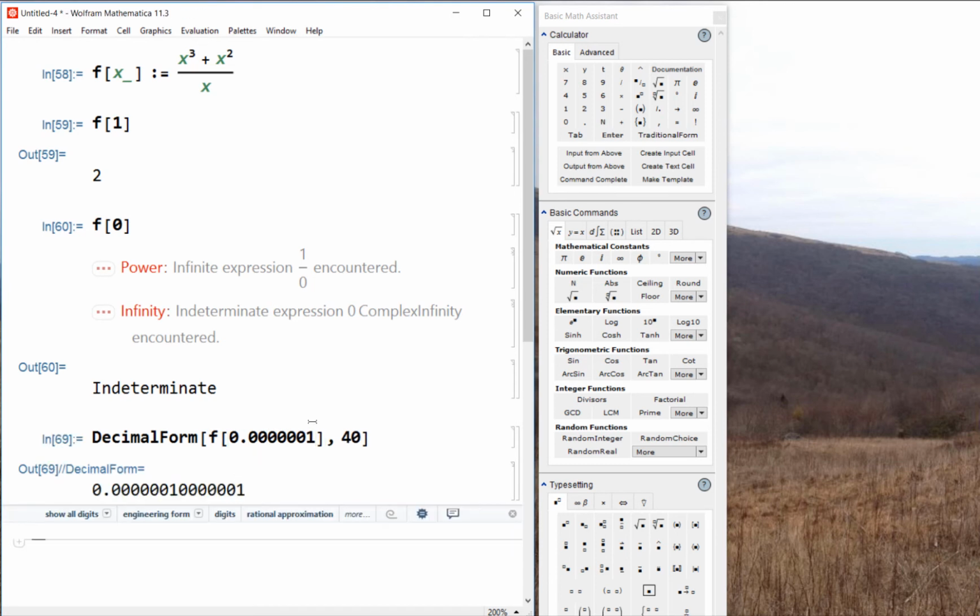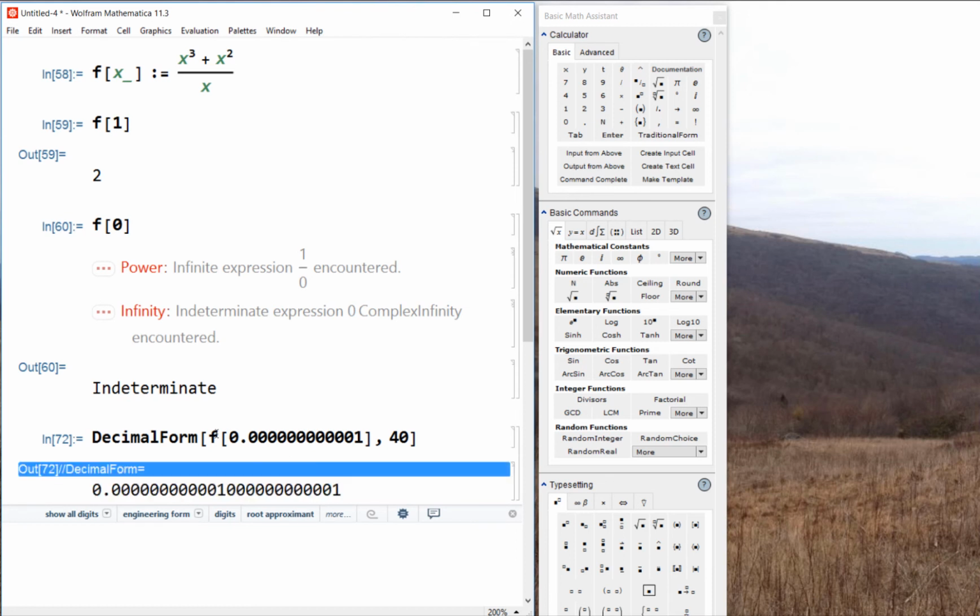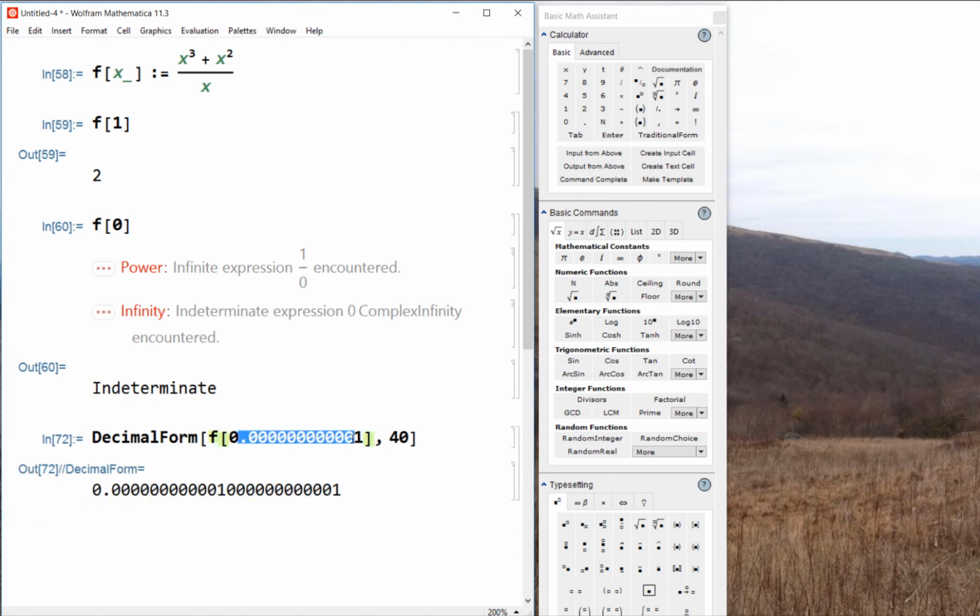We can just keep letting x get closer and closer to 0, and boy, you can see the function is getting closer and closer to 0 as well. So it doesn't matter how many zeros I add, the output is getting closer and closer to 0. So when you put in x values close to 0, you get out a y value that's very close to 0 as well. So let's switch back to the other screen, and then we'll write down what we found.